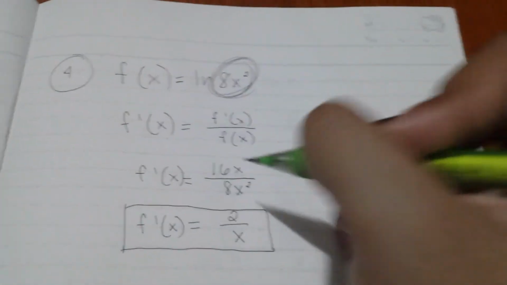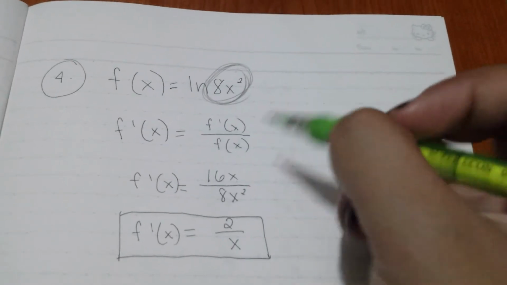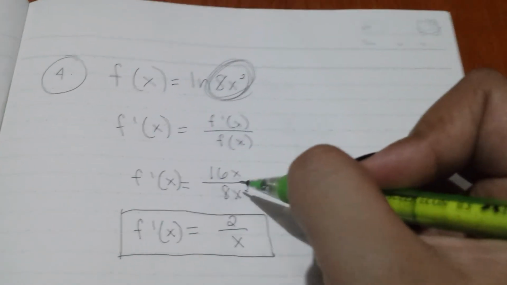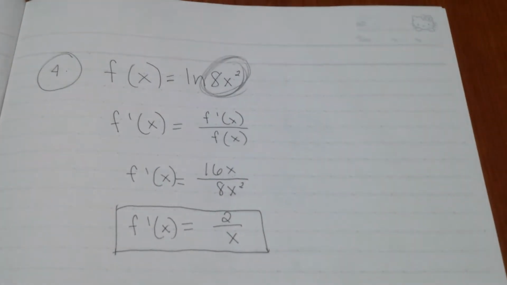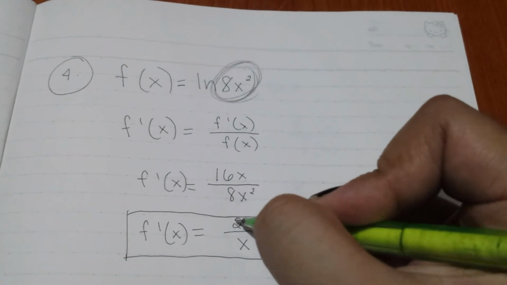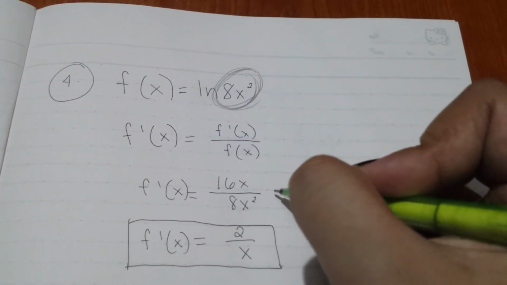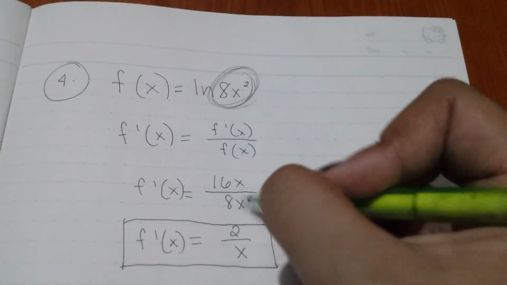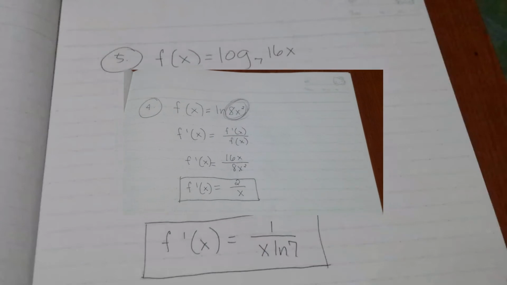So the derivative of 8x squared is 16x over the f of x, which is 8x squared. So we can simplify the term. So we have 2. We have to divide the numerator and denominator by 8x. So we have 2 over x. So that's the final answer.